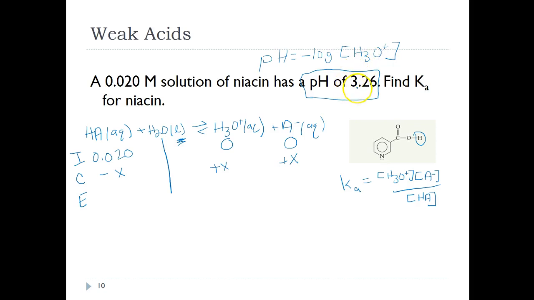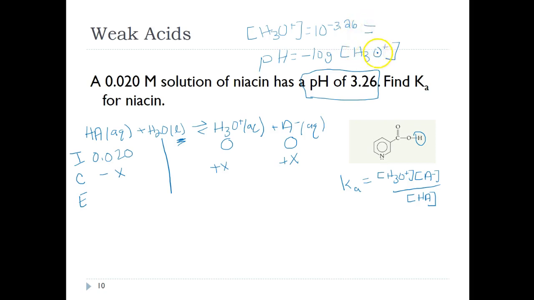So isn't it possible for us to use this pH value to solve for H3O+? So that's what we can do here. To solve for H3O+, I can do 10 to the negative 3.26, and this is just me rearranging the pH equation.